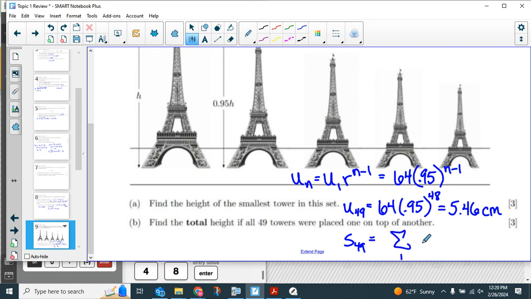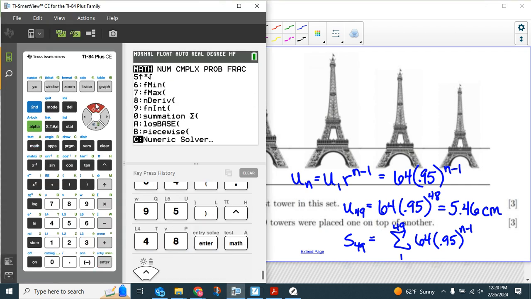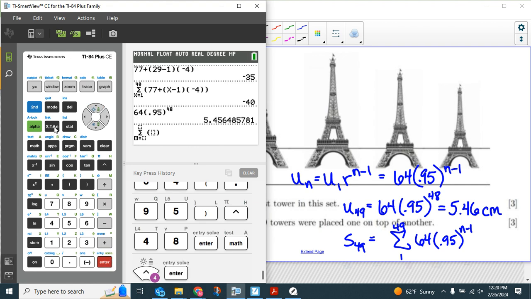So we would go from 1 to 49, of 64 times 0.95 to the n minus 1. So if we do that in our calculator, math up a couple of times to the summation notation, x is going from 1 to 49.